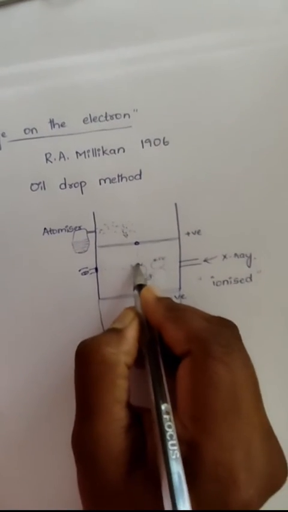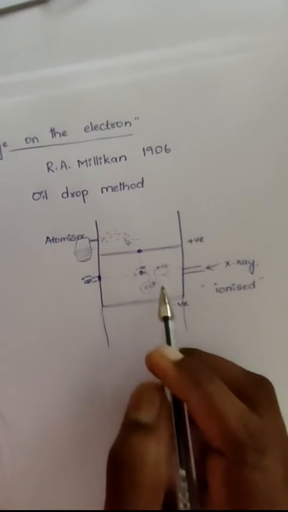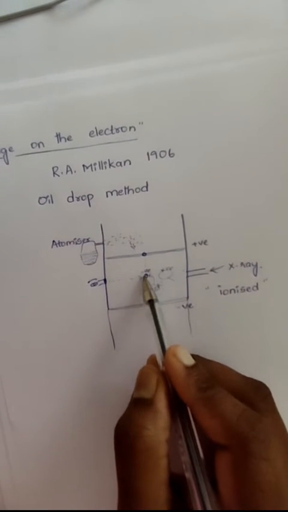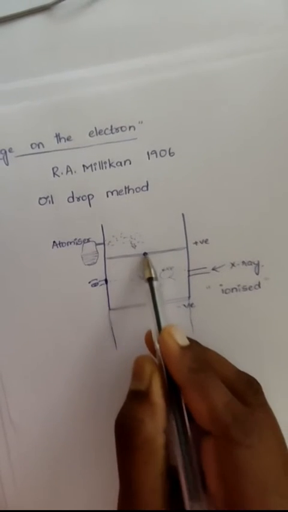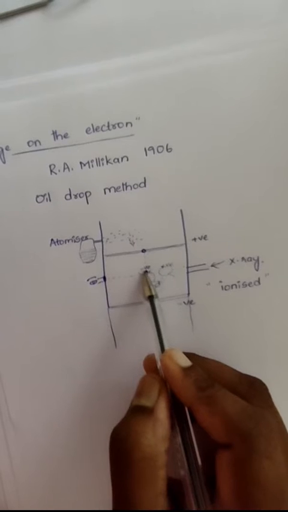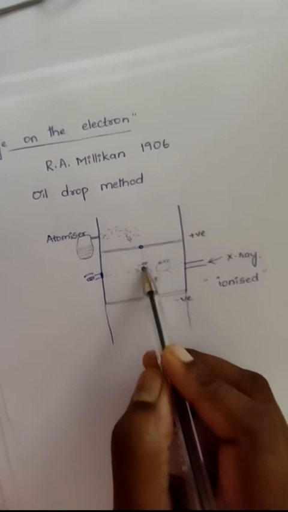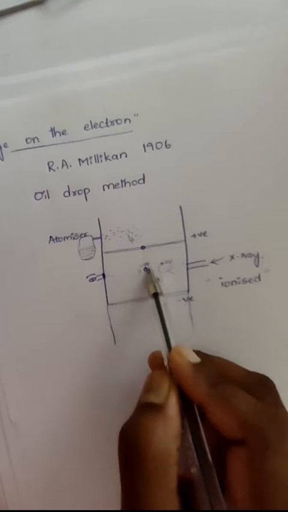So these oil droplets are negatively charged. These negatively charged oil droplets falling from this one, basically it is not charged. When it enters into this chamber, it gets charged. So again it moves towards the positively charged one.